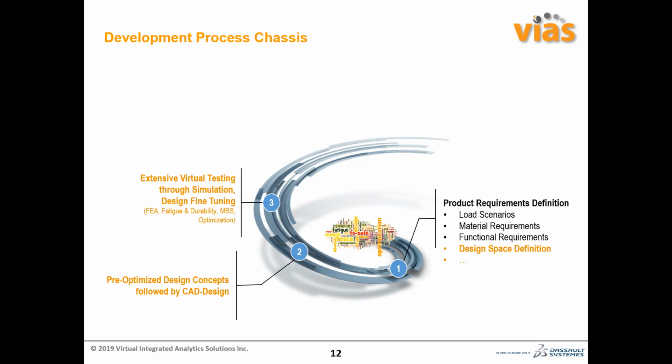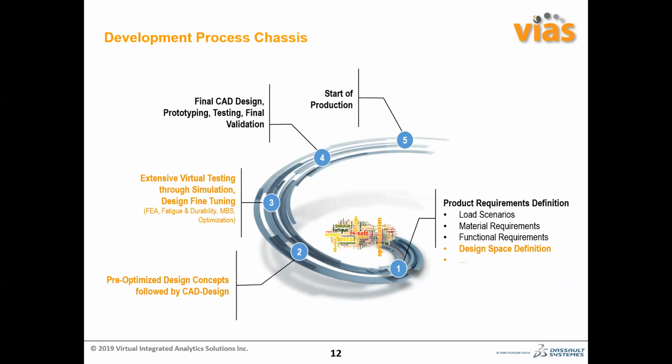The next step is to use extensive virtual testing, including finite element analysis, fatigue analysis, multi-body simulation, or further optimization for fine-tuning of the optimized design concept. After that, you get a final CAD design, followed by prototyping, testing, and final validation before the production start. This process gives a chance to get quite close to a really good design.